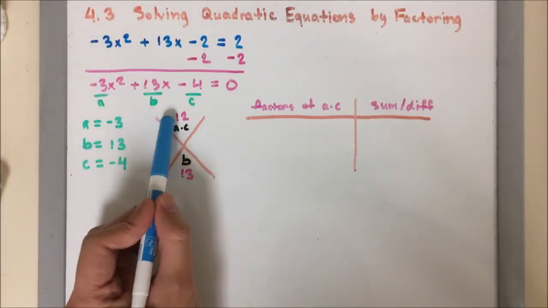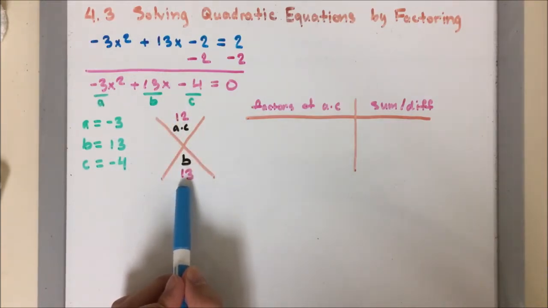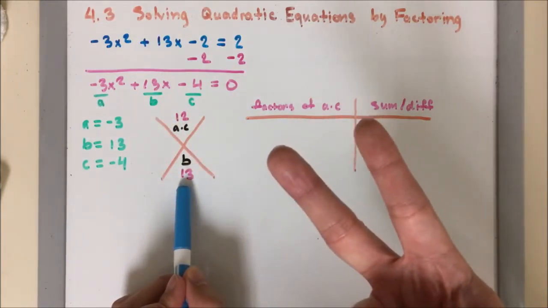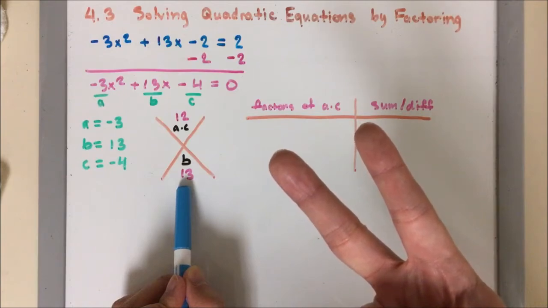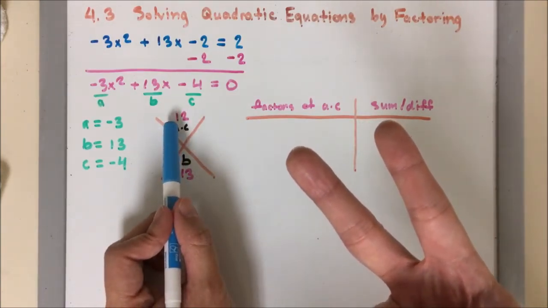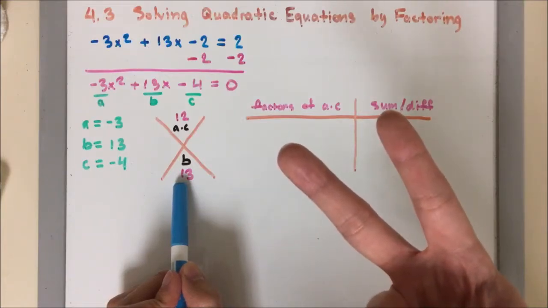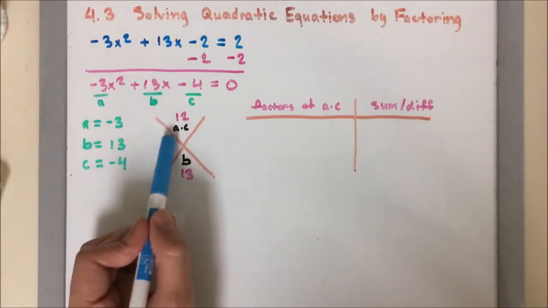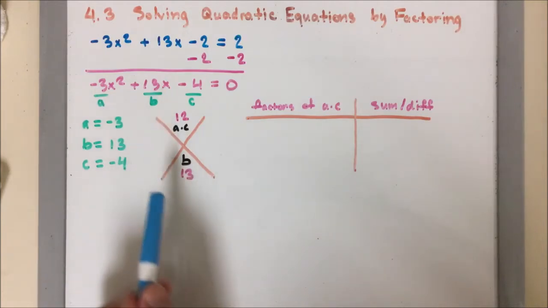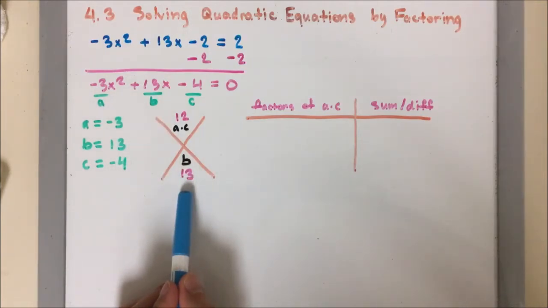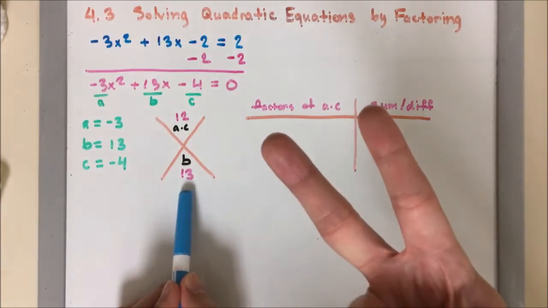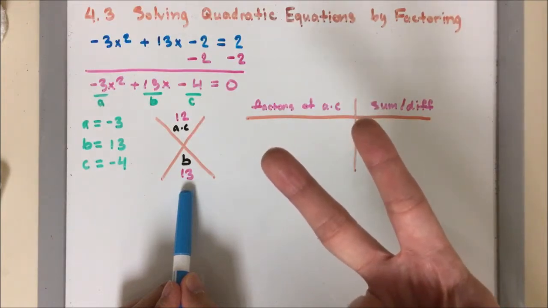Now, if A times C is positive but your B value is negative, then both your factors have to be negative. But in this example, A times C is positive 12 and our B value is positive 13, so both of the factors have to be positive.